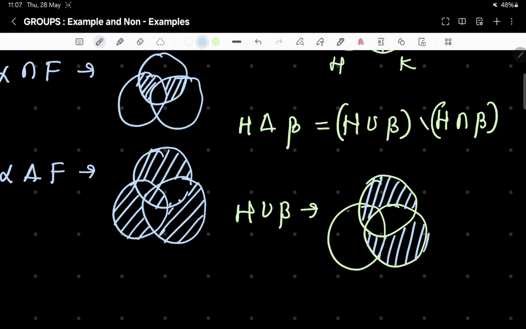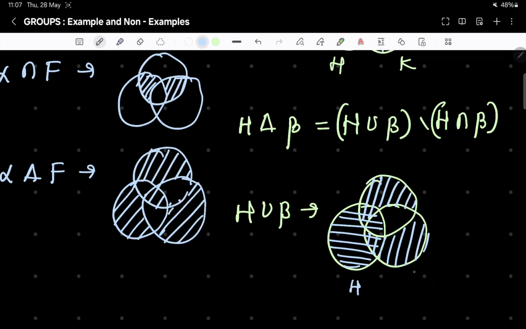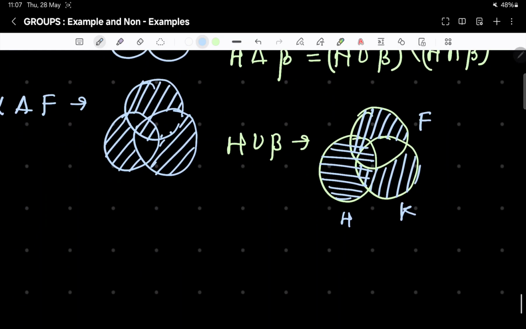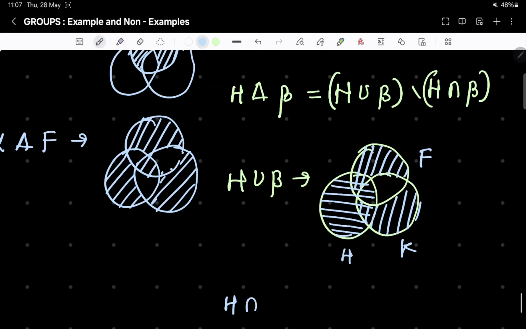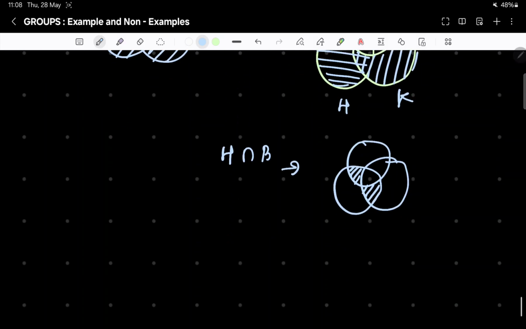So you get all of this, because this is your H, K and F. Now what is H intersection beta? You can see this portion only, right?